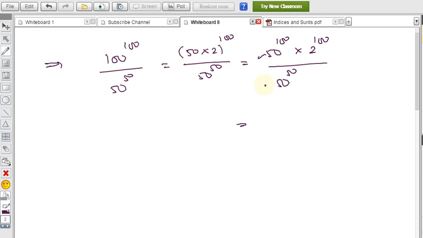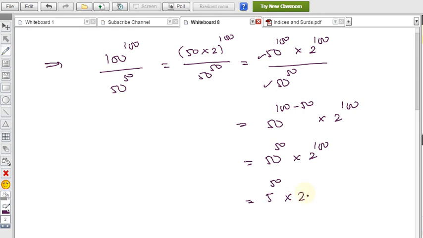Here the base 50 is the same, so what can I write? 50 to the power 100 minus 50 into 2 to the power 100, so 50 to the power 50 into 2 to the power 100. That is 2 to the power 50 into 2 to the power 50 we can write.